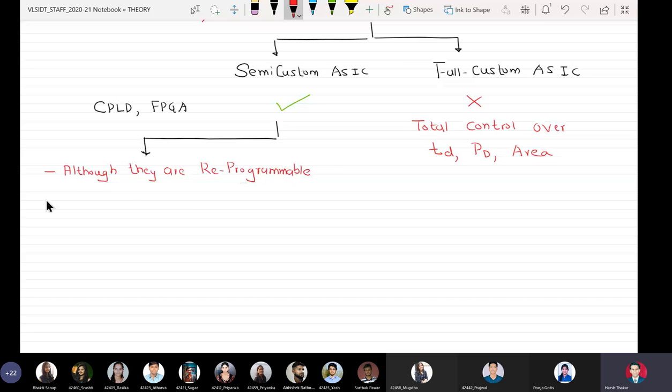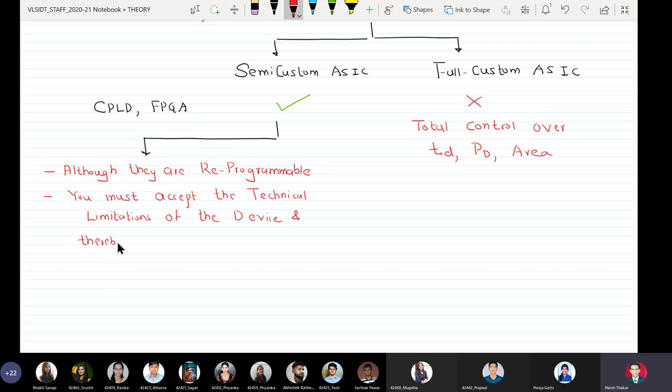So although they are reprogrammable, you must accept the technical limitations of the device and thereby realize your desired functionality in them.